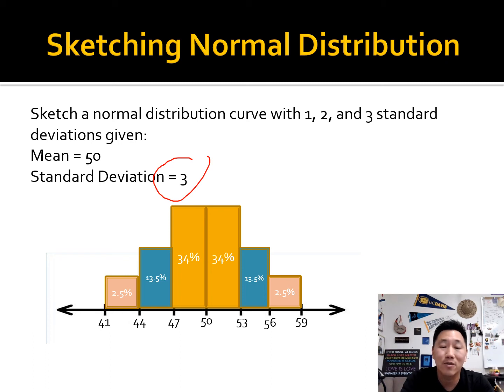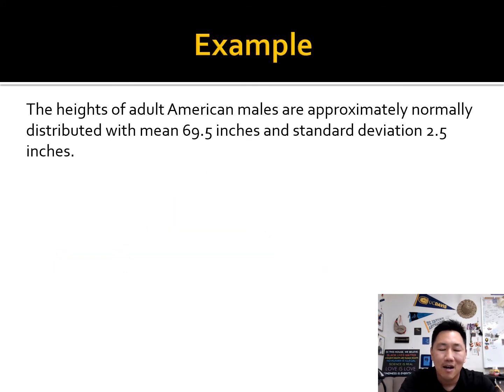And that is called 3 standard deviations away. So 1 standard deviation, 2 standard deviations, 3 standard deviations away. Okay, so that's how you draw it out. And it looks like it makes a little bell curve. Something like that.